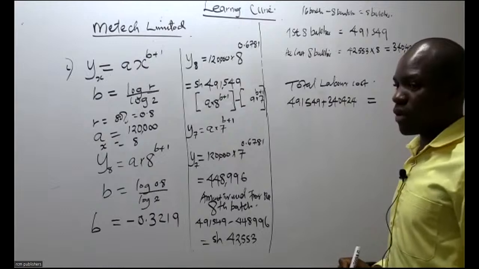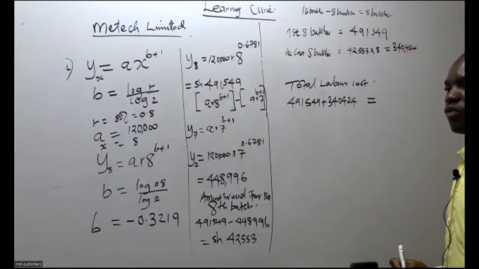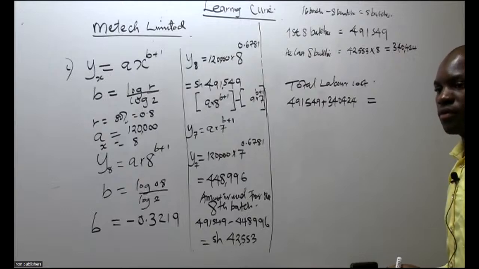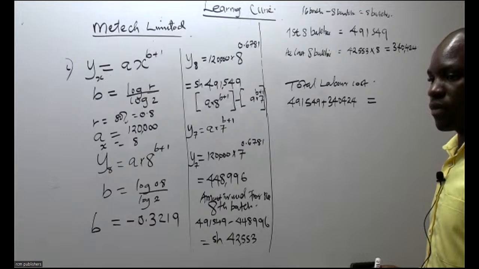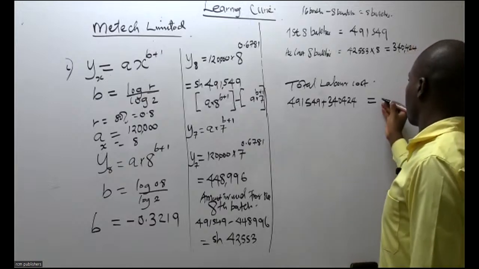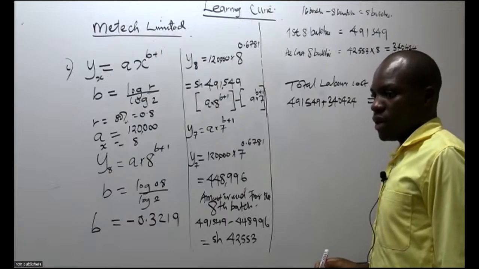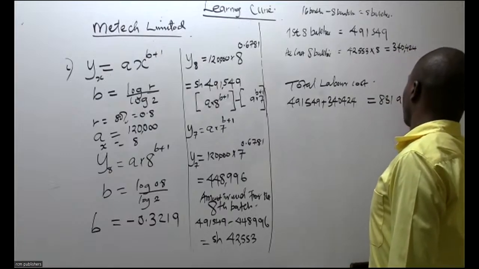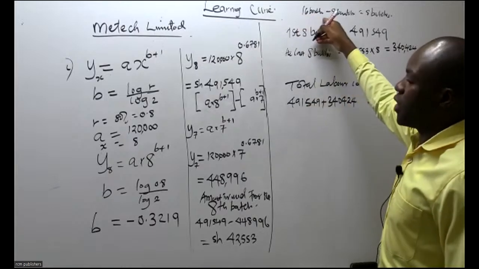If you add everything, how much are you getting? You're getting 831,973. So that's the amount you're going to incur to produce all the 16 batches.